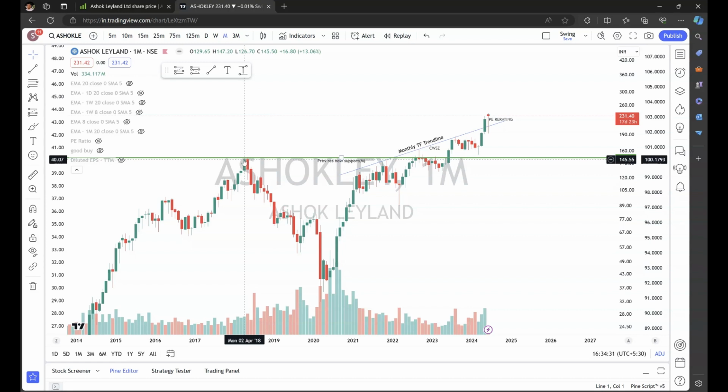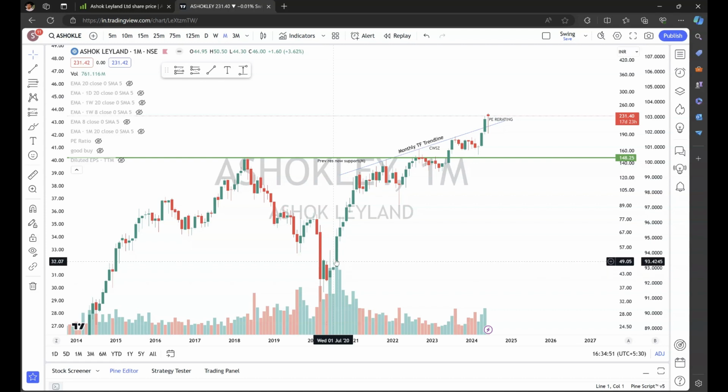In April 2018 the price was at 150 levels, and then it started moving in the lower direction, and during COVID time it even touched 40 levels in May 2020.